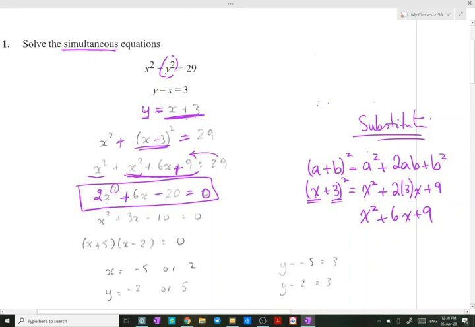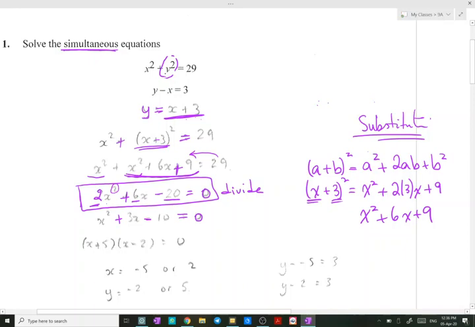Therefore we start solving for x by the methods that we know, which is mainly factorization. I noticed that I have a greatest common divisor between the numbers, which is 2. So you divide by 2, and you get x squared plus 3x minus 10 equals 0.